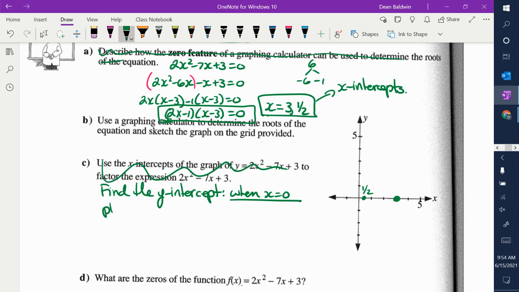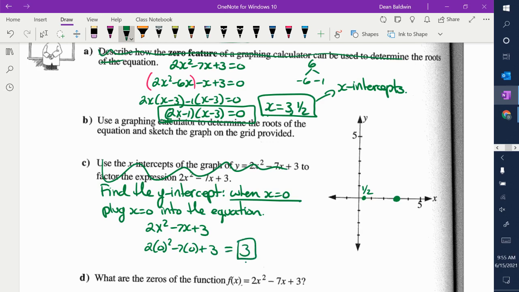Okay? So our equation is this. Put 0 into it. And you're left with 3. Basically, when you have a quadratic, the y-intercept is always the constant term. We're going to talk more about this in the next lesson, but it's always the constant term. Okay? So we have a y-intercept of 3. 1, 2, 3.